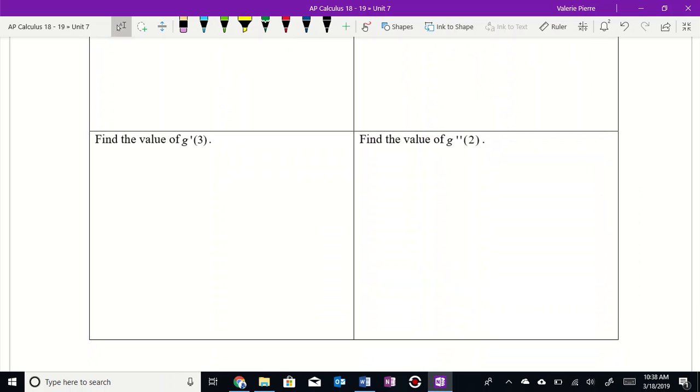Down at the bottom, we want to find the value of g prime of 3. So since we know that g of x equals 1/2 x squared plus the definite integral from 0 to x of f of t dt, we can find g prime of x.